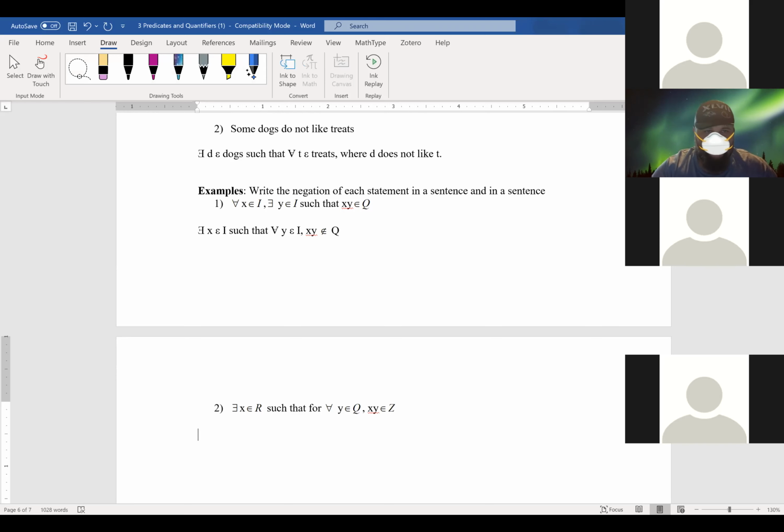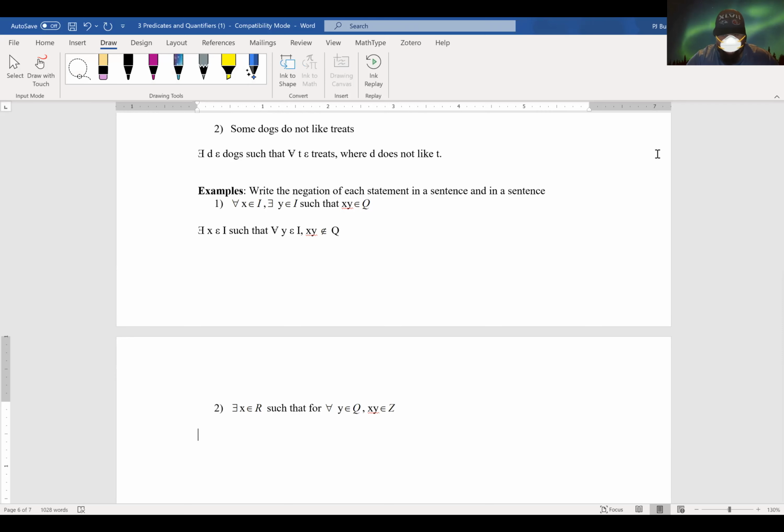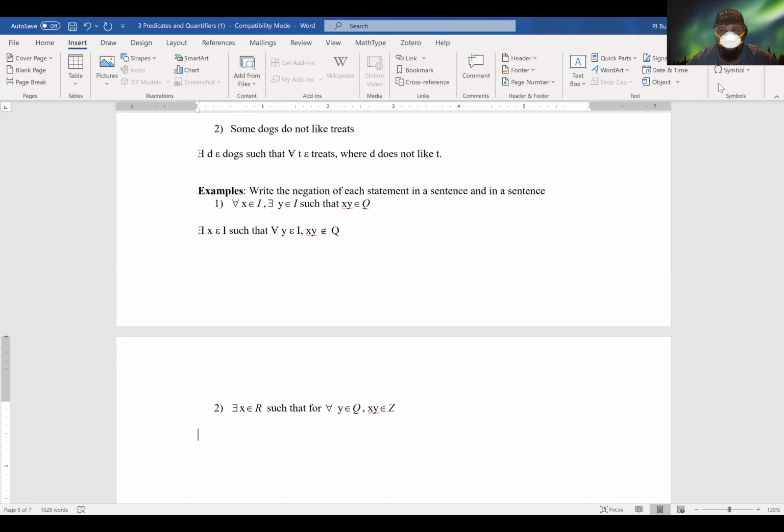All right, let's see, remote control. There you go. So you should be able to type and go up to insert for the symbols. Yep.